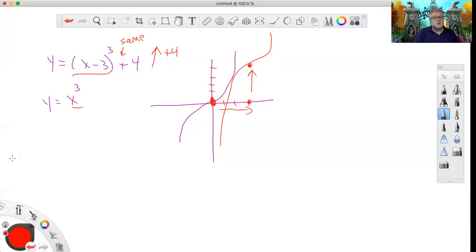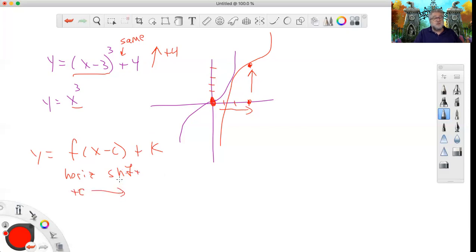So a general rule would be y equals f of x minus c plus, what do they use here? Do they give me a variable name? No, and I'm going to make it up, k. So this would be horizontal shift of plus c.